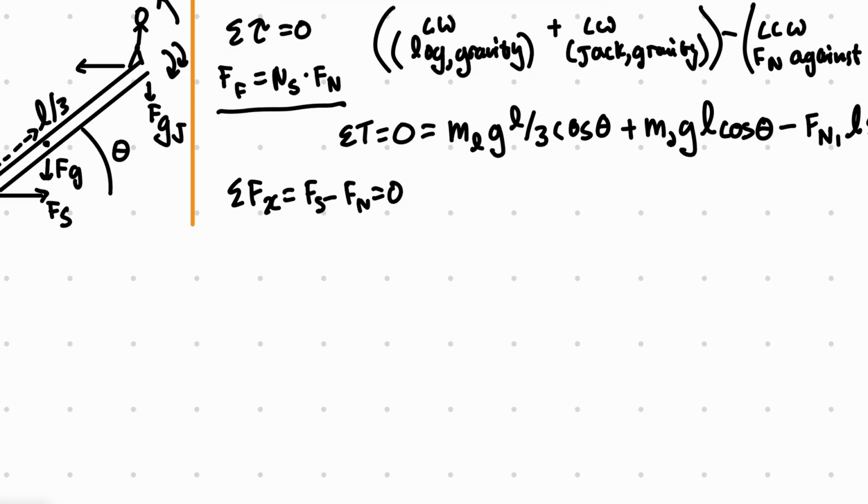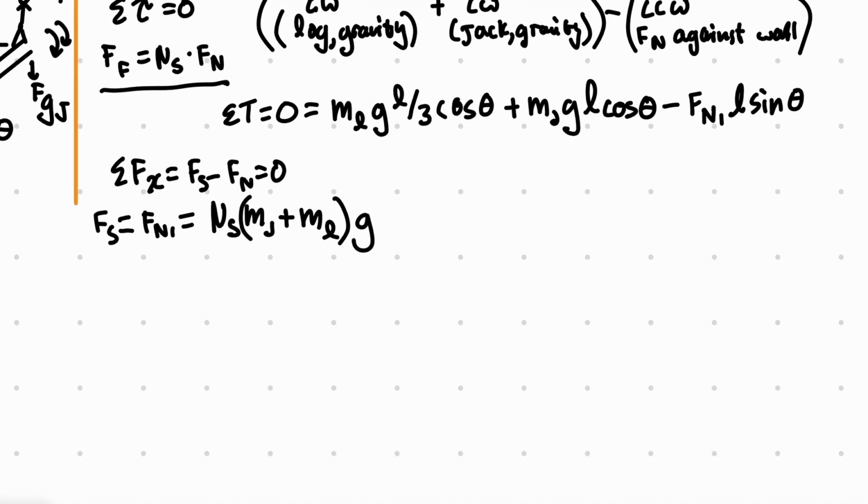So the force of static friction equals force normal 1, and the force of static friction is given by the friction equation, mu s times force of normal, which is the vertical direction and equals mass times gravity. Now remember, this mass isn't any mass, it's the mass of Jack plus the mass of the log, right?